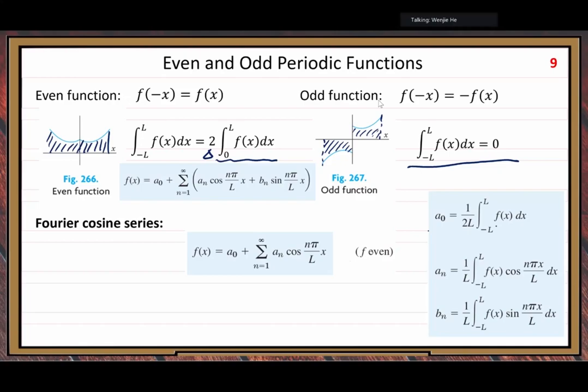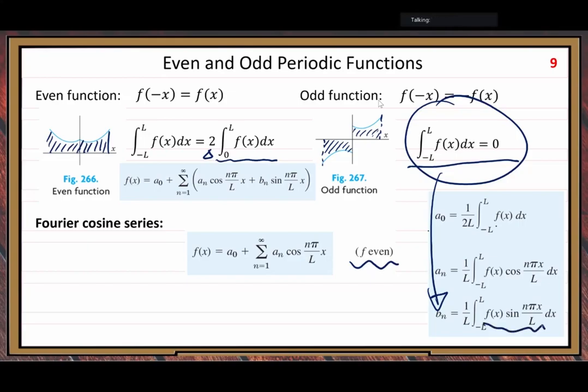Because the sine function is odd. If it's an even function, you use this property, and all the b coefficients here are all gone. Can you see that? Let me explain. Why are the b coefficients all gone?